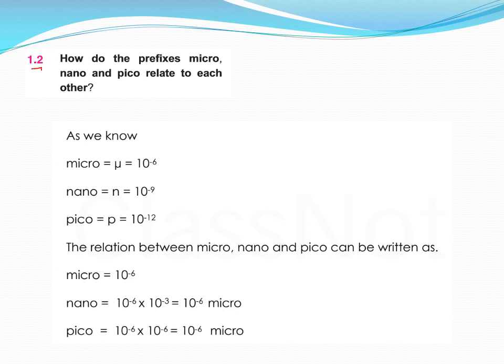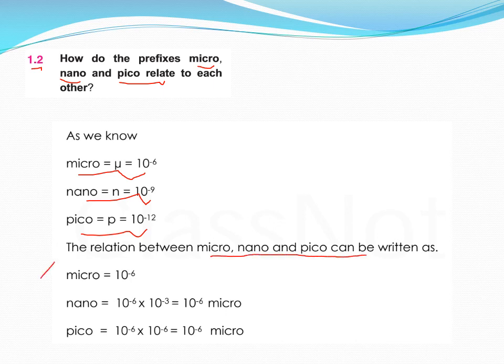How do the prefixes micro, nano and pico relate to each other? As we know, micro is 10 to the power -6, nano is 10 to the power -9, and pico is 10 to the power -12. So the relation can be established in a number of ways.